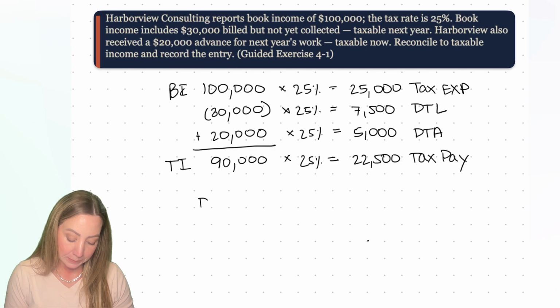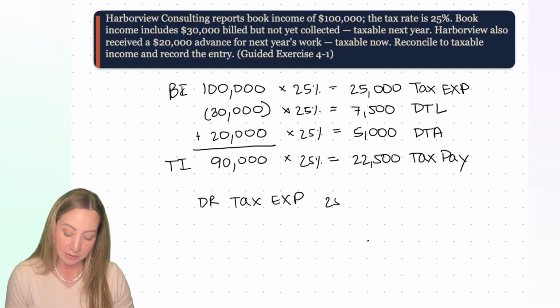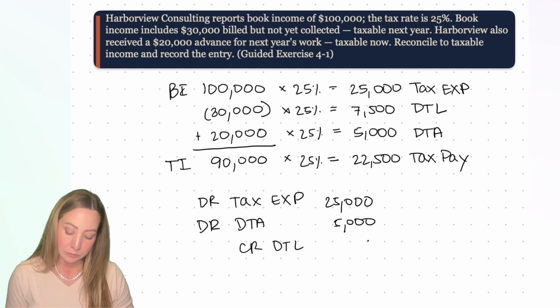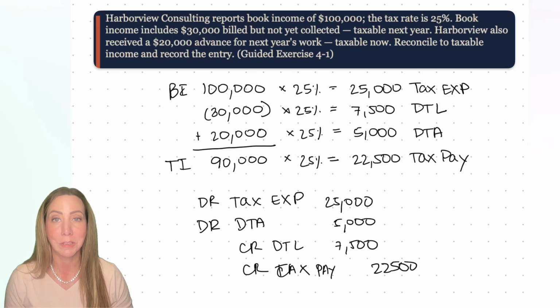So I'm going to debit tax expense for $25,000, and I'll debit DTA for $5,000, credit DTL for $7,500, and credit taxes payable for $22,500. And that's the journal entry.